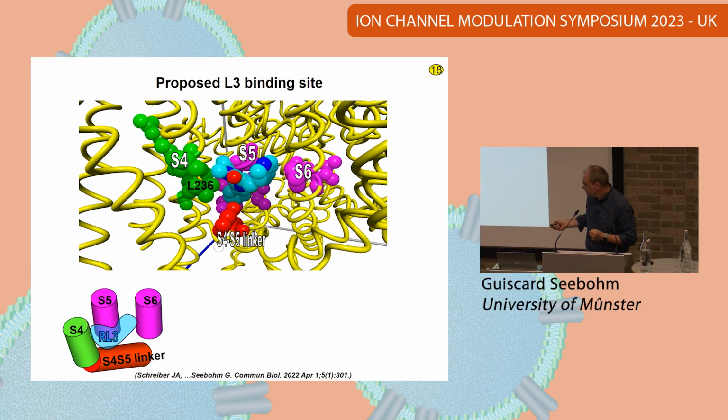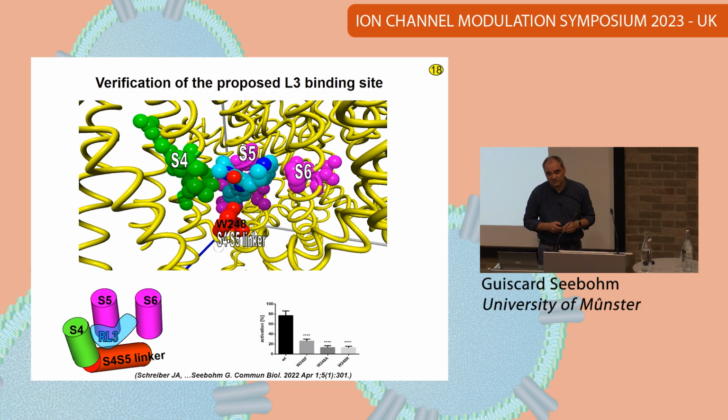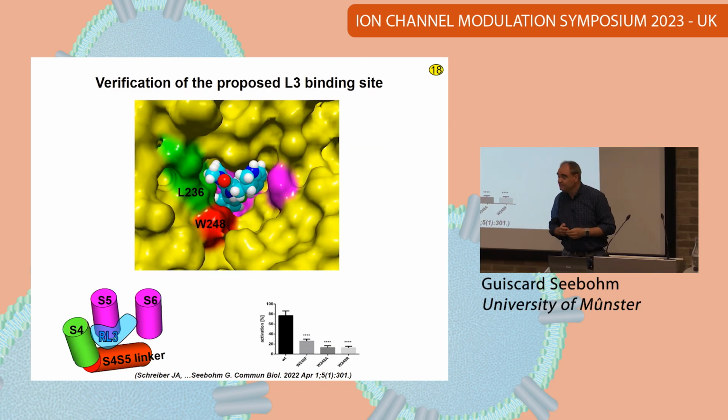And then in this model, when we had the compound docked there, we also identified that there might be an interaction with the S4-S5 linker. We mutated this interacting part, which is a tryptophan. Exchanging it by an aromatic reduces the function; either neutralizing by an alanine mutation or introducing even a charged one reduces even more the activating effect of the compound, confirming the model.